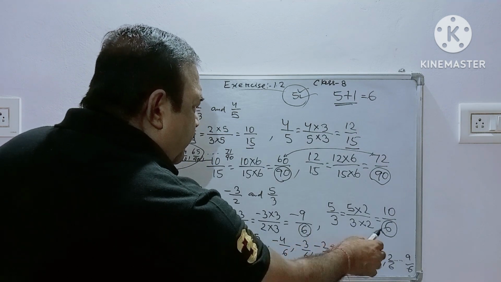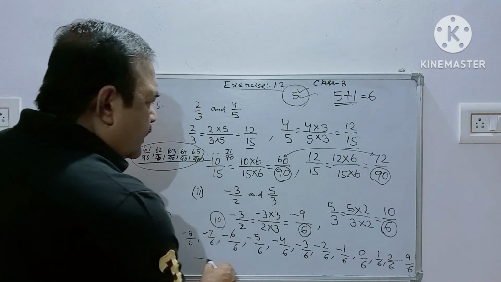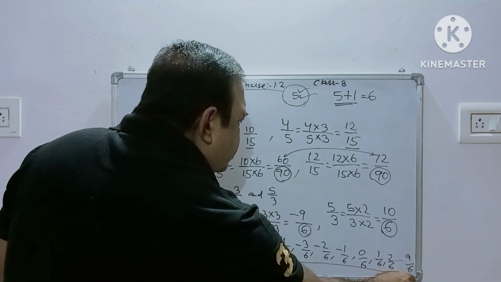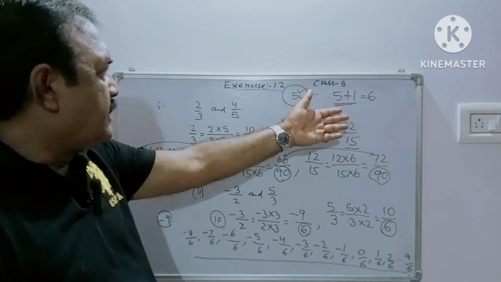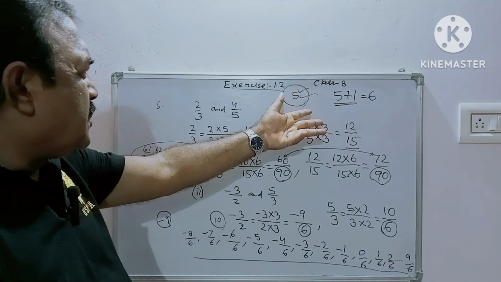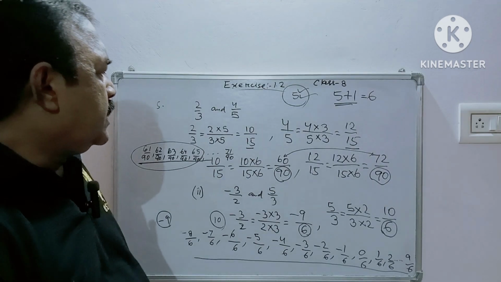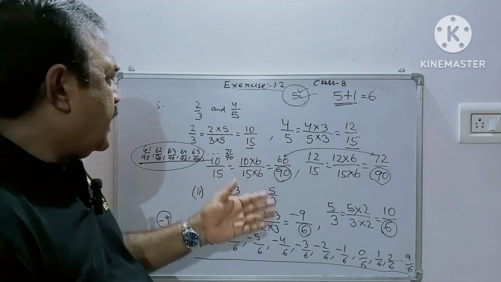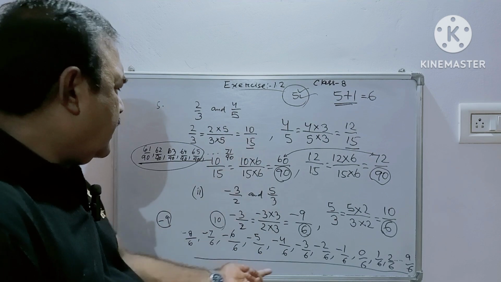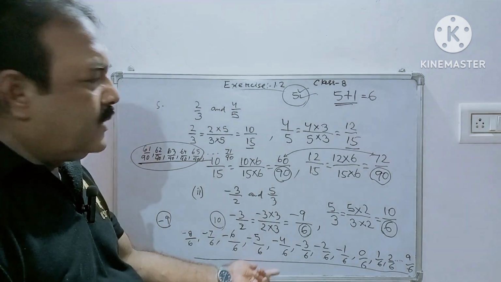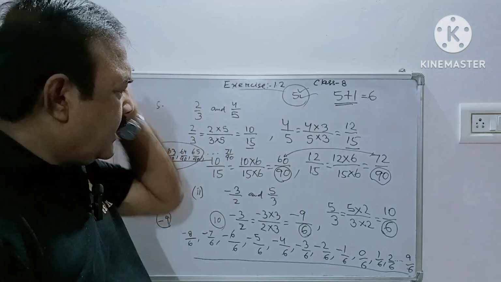When we are comparing, the required numbers are available, more than 5. So there is no necessity to add 1 with 5 and then multiply both the numerator and the denominator, because the range is already here, we can find them. No need to multiply now.